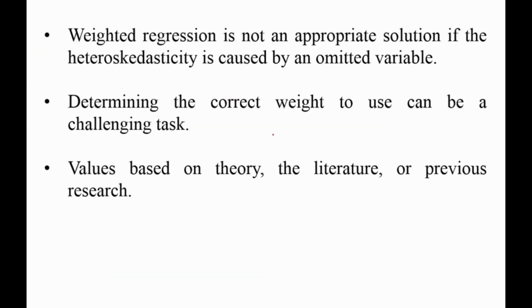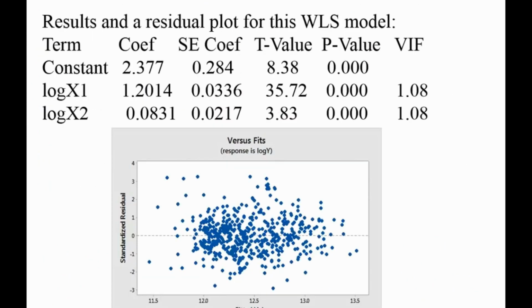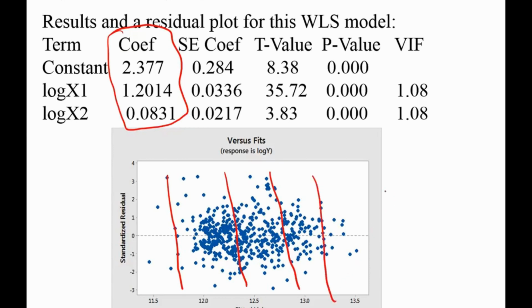Now we have followed the same steps that we explained in the previous slide, and we have a different set of estimates this time from WLS. So this is different. You can compare it with the ordinary least square estimate. When you plot it, you can see the values are a lot different. Now you have more or less constant variance. There is some non-constant variance at the end, but you can always try different weights to avoid that.